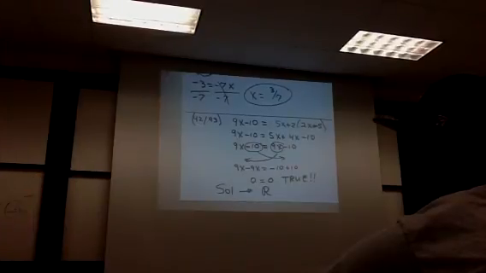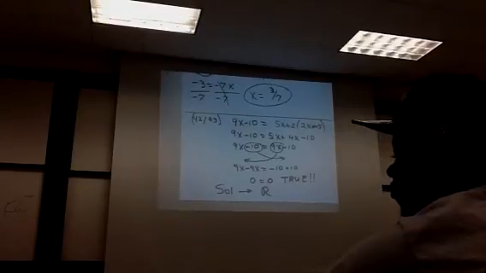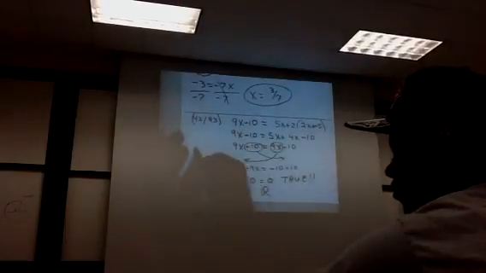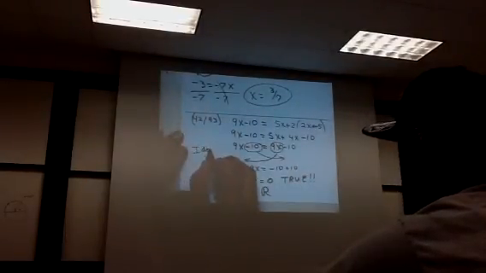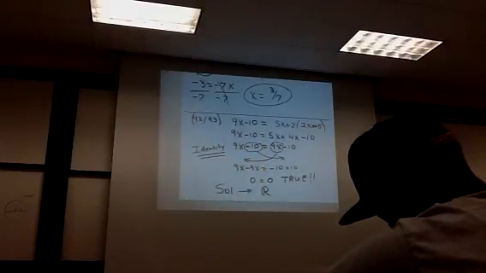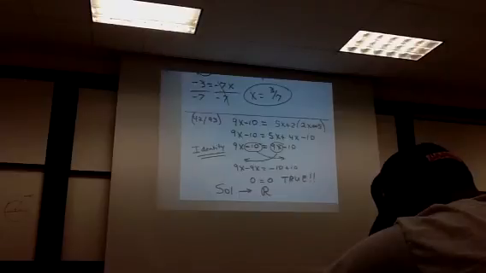If I get an x-less statement that's completely true, 5 equals 5, 0 equals 0, this is called an identity. And identities are true for every single x you put in there.